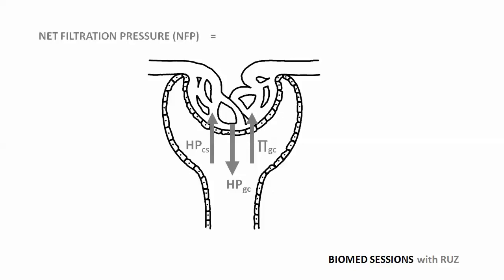Our net filtration pressure, NFP, equals the pressures favouring filtration minus the pressures opposing filtration, i.e. hydrostatic pressure of the glomerulus minus hydrostatic pressure of the Bowman's capsule minus oncotic pressure of the glomerular capillary protein, which is equal to 10 millimeters of mercury.